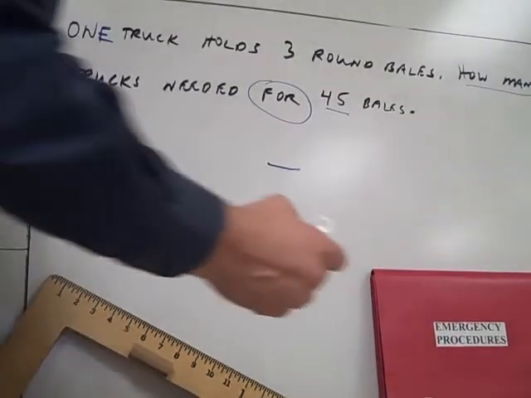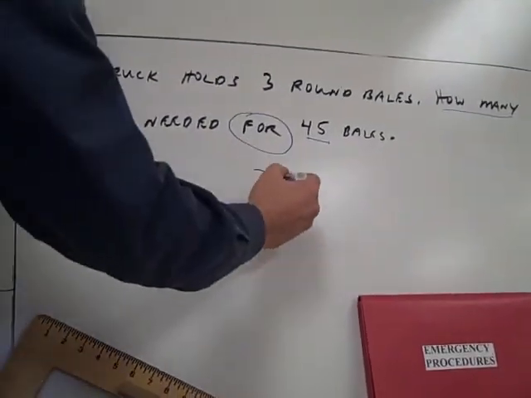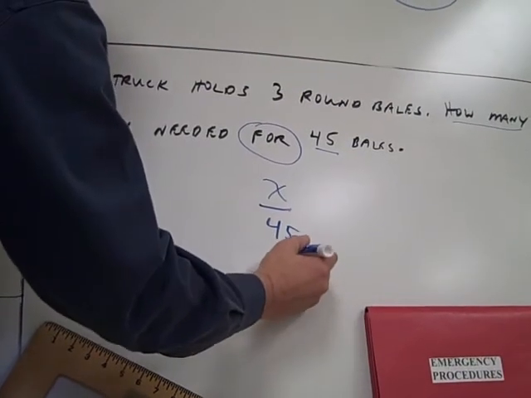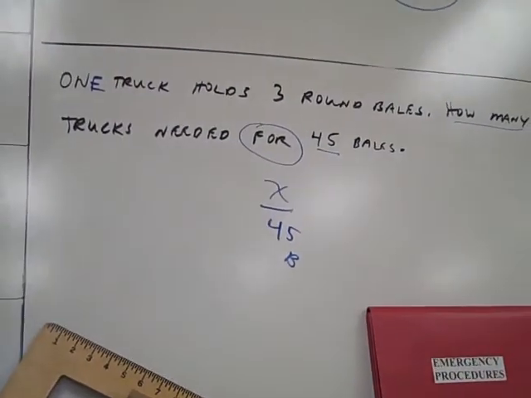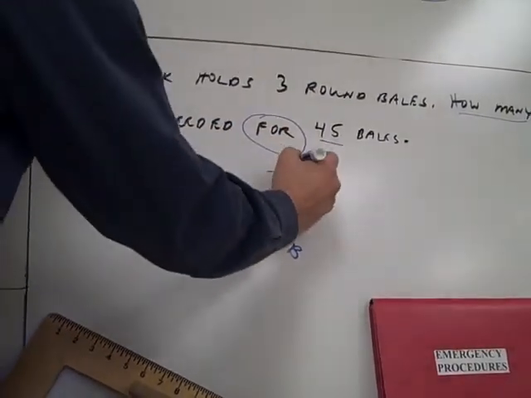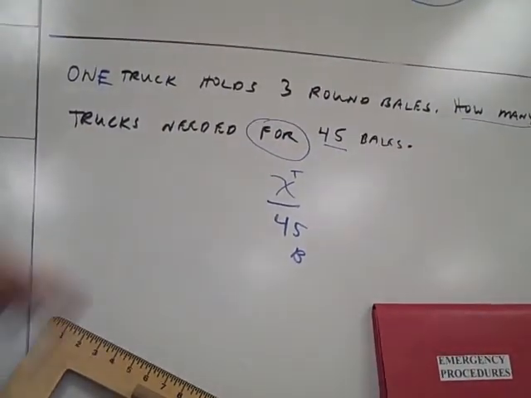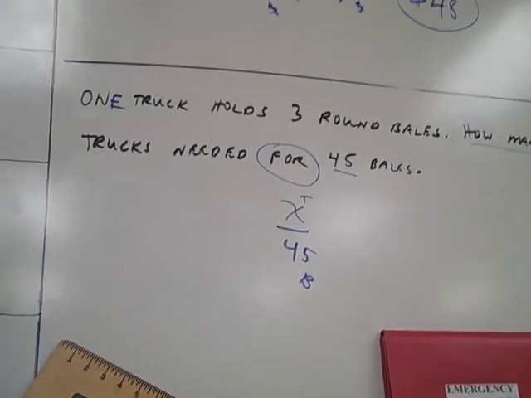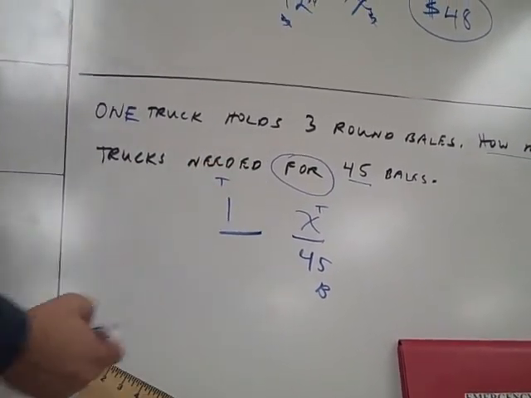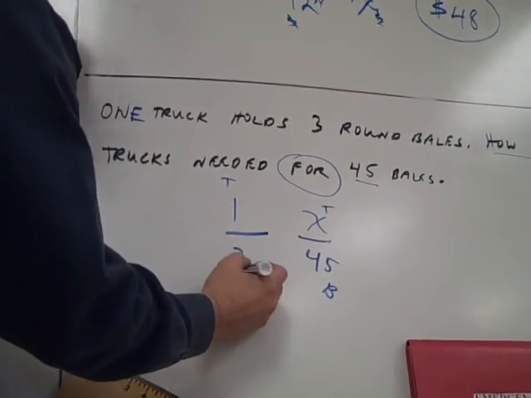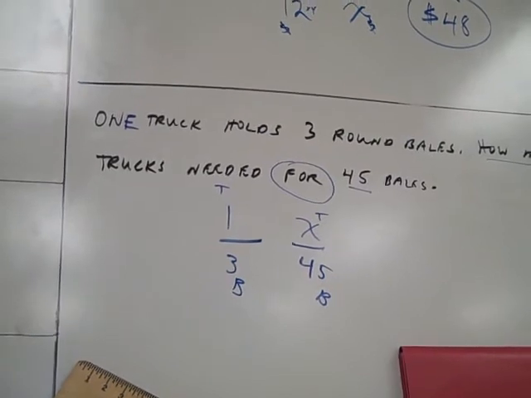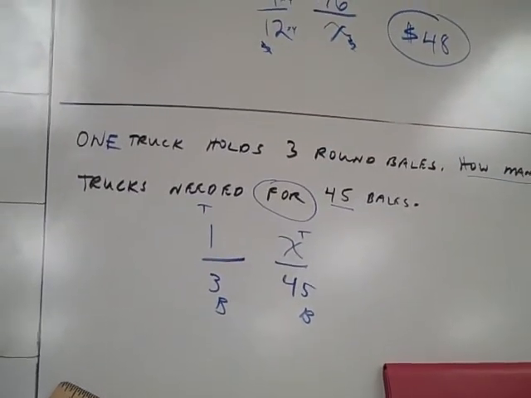How do I represent how many? X over, and the 45 is the bales, isn't it? What's the X representing? The trucks. Do we have some other information about trucks and bales? Yes. 1 truck holds 3 bales. I've got me a proportion, don't I?